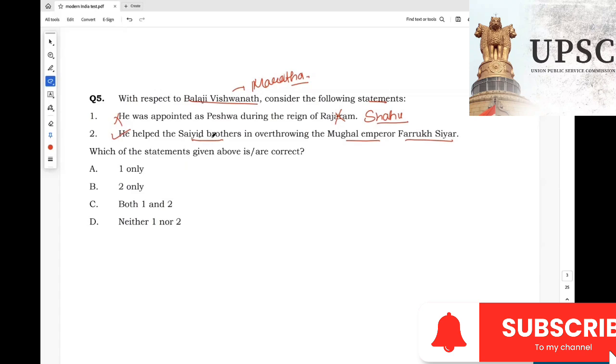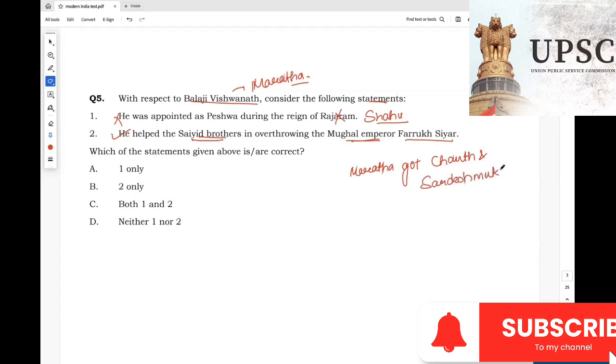So he helped the Sayyid brothers in overthrowing the Mughal emperor, and after that Muhammad Shah came to power, who was a very weak ruler. And as a result, the Marathas got Chauth and Sardeshmukhi.